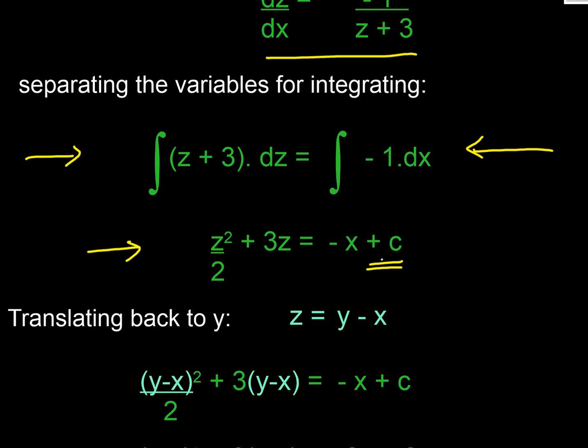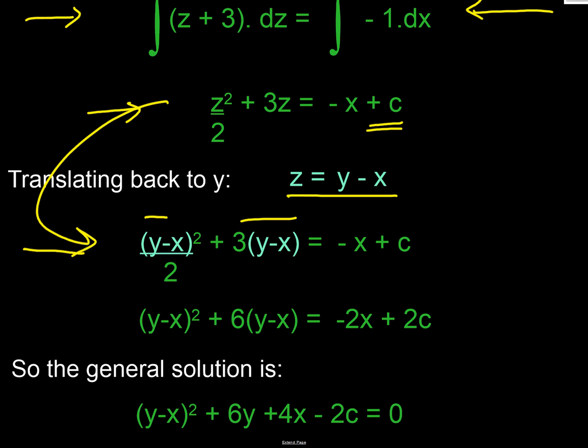Remember that always during that step. I now need to get back to y because I'm trying to solve for y. So I use my original substitution, z equals y minus x, and sub that into this equation here. So I've got it there and there, haven't I? My substitutions, do a bit of tidying up, and I end up with this general solution. There we go.